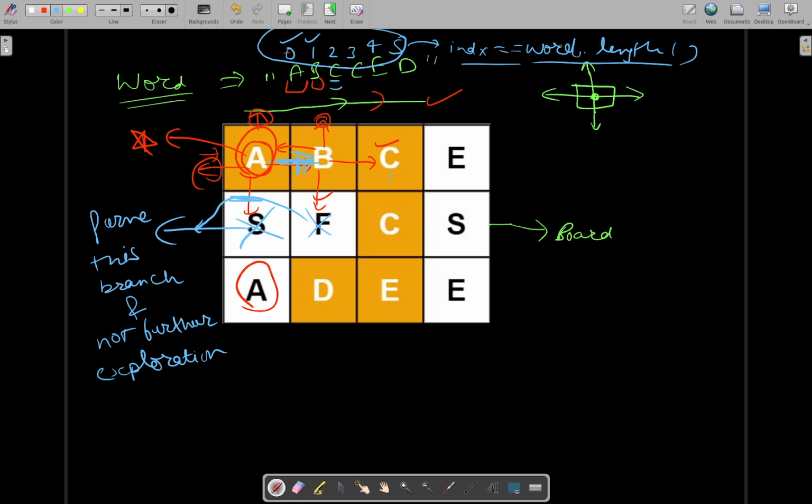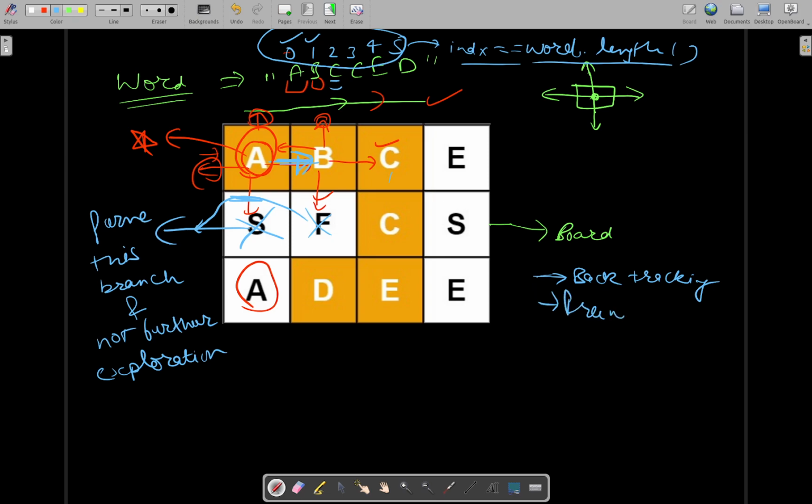So it will involve backtracking. How backtracking? Because if at a certain point you are not able to reach your destination, then you will backtrack and try a different path. And pruning also is used.